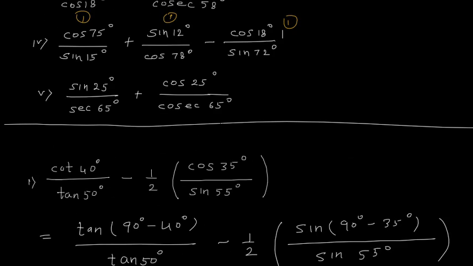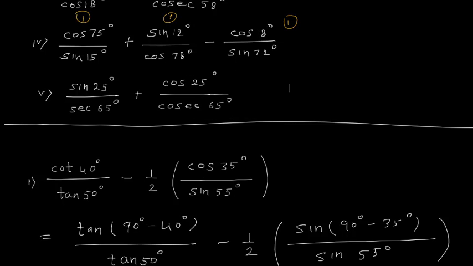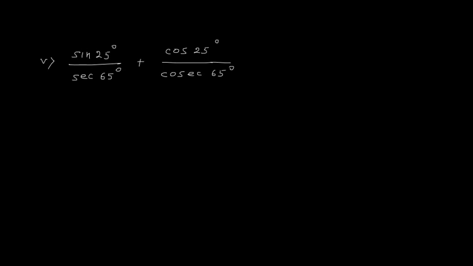Now the fifth problem. Here we have sine and sec, and here we have cos and cosec. This problem will not cancel directly, so let me solve it. We can change this sec into cosec. We know the sine and cosec relation.